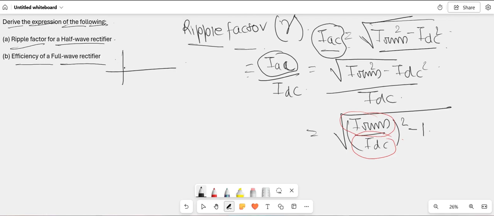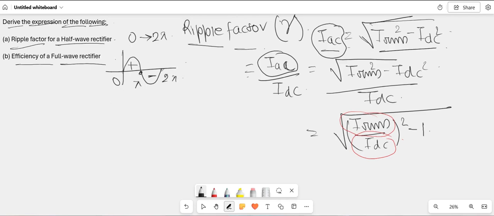So in a half-wave rectifier, suppose the input waveform to the half-wave rectifier is like this. It has a positive half cycle and it has a negative half cycle as well. And we know for a sinusoidal waveform, the time period varies from 0 to 2 pi. So this is 0 and this is 2 pi, and the middle here is pi.